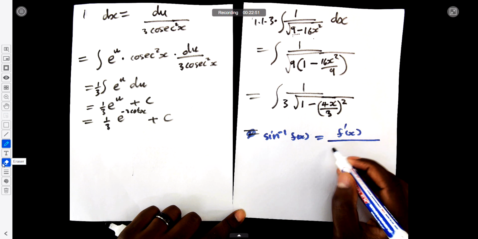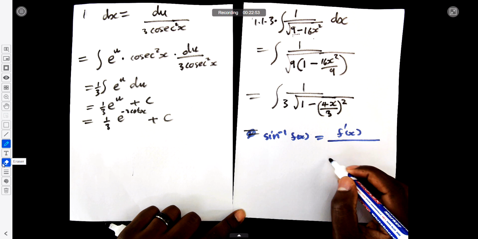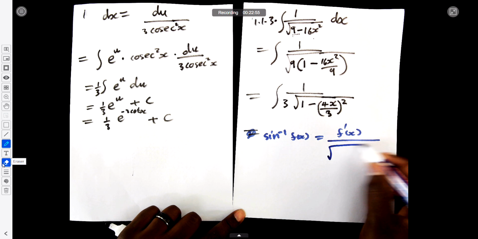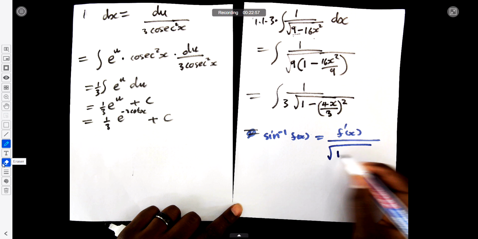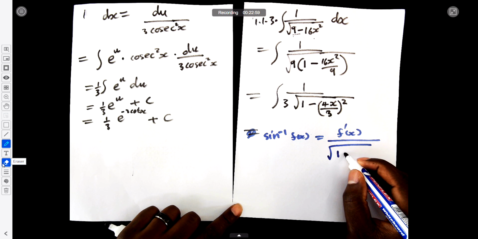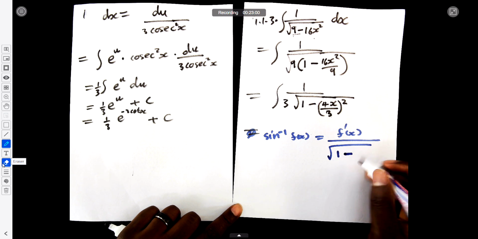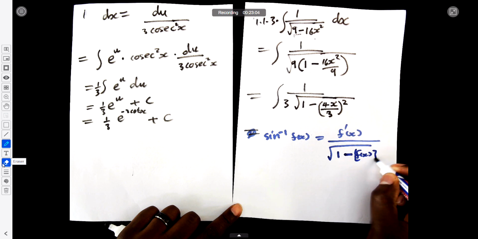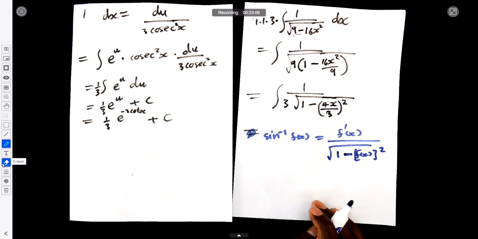All divided by root of 1 minus f of x all squared, when you derive something like that. So we're trying to express it in that format.